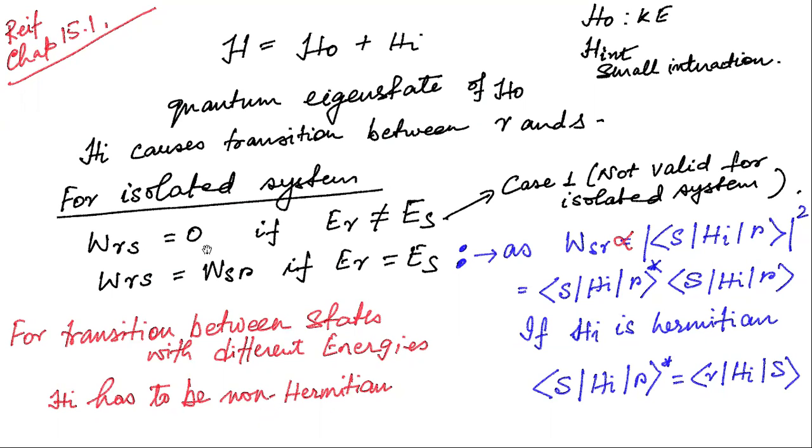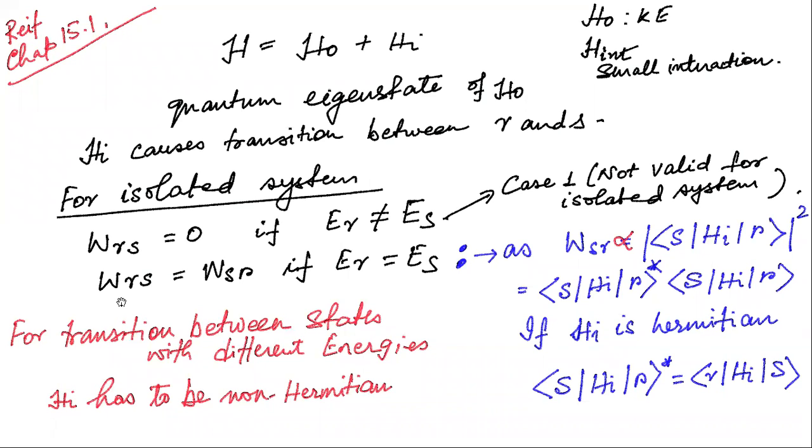Because if you're thinking classically, then basically the energy has to be conserved. If it's isolated, you cannot go to any state where the energy of that state is different, right?